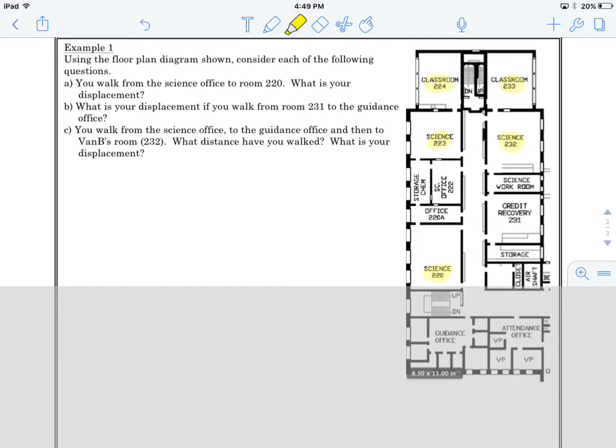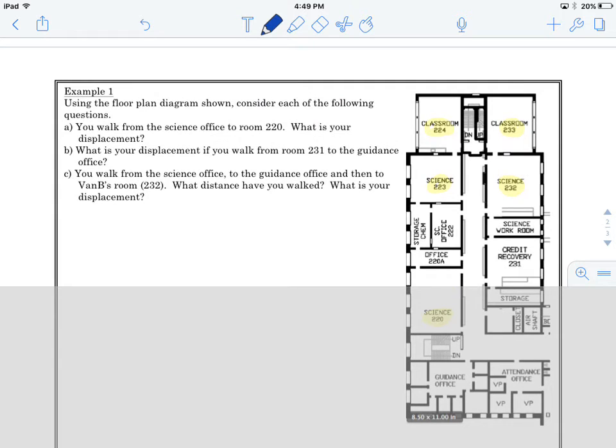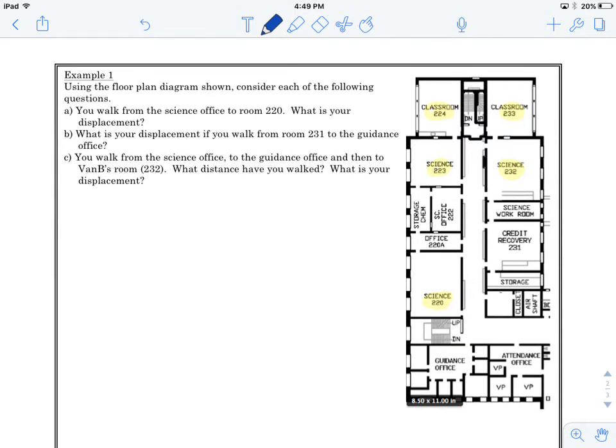Okay. So the first thing that we need to do is we kind of need to put some kind of a convention system in here. And so what we're going to do, you know, really what we want is a ruler, nice straight line, and so we've got east and west.